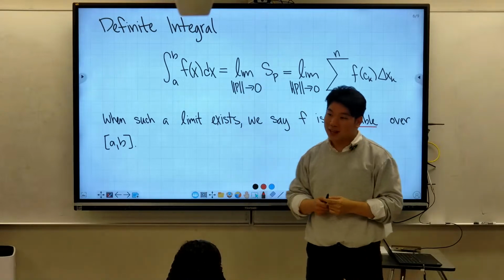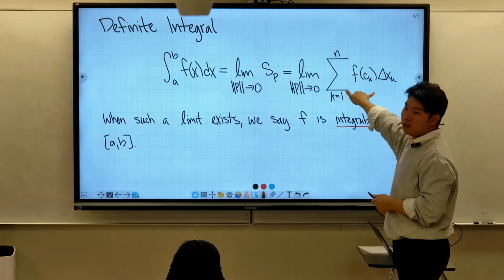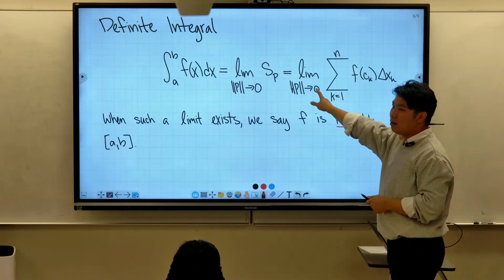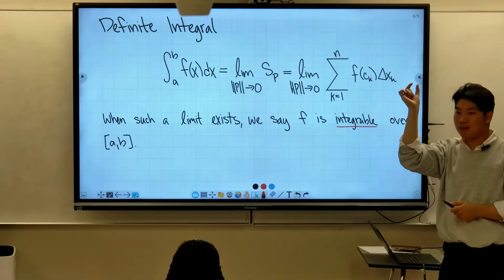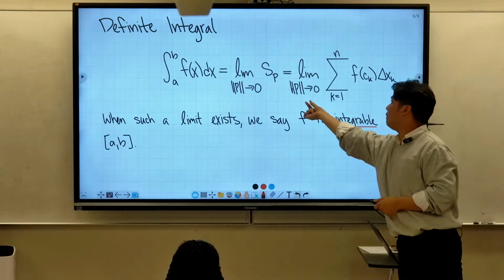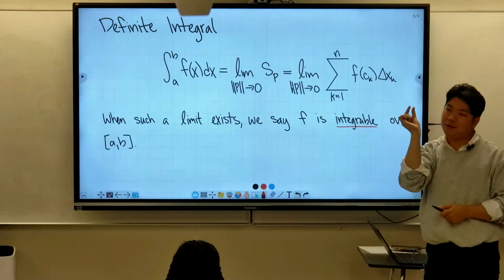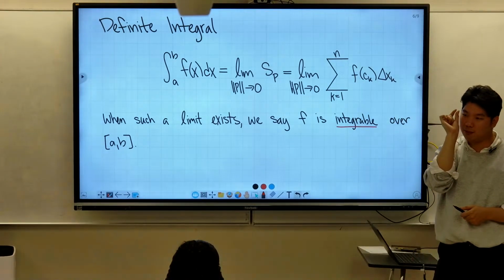What is this even telling me? Well, we said that this was my estimate. Those were all the boxes I add together. So this limit is saying, what if I make those boxes tiny, the width smaller and smaller? That's why here we have the norm of the partition going to 0. That's just saying the width of my boxes gets smaller and smaller.